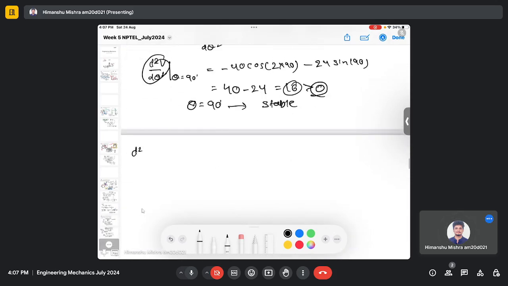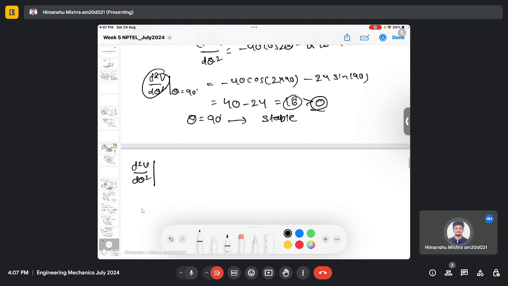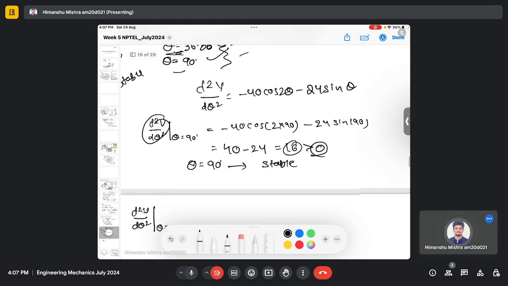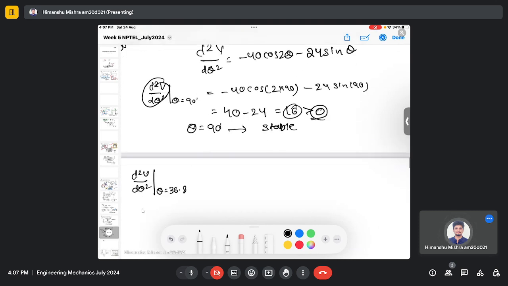Now we need to check the other equilibrium state, theta equals 36.86. Here we have minus 40 cos of 2 times 36.86 minus 24 sin 36.86.